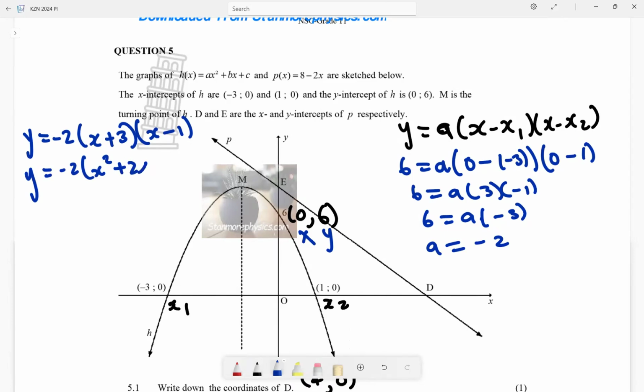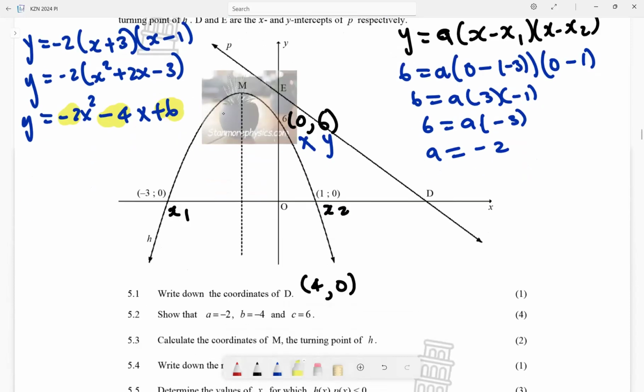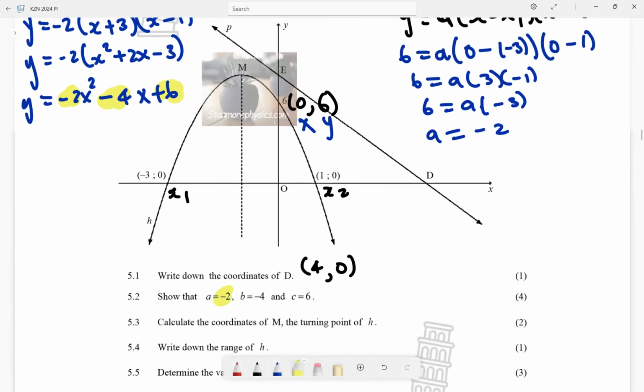You know how to simplify this, right? Then y is equal to negative 2x squared minus 4x plus 6. Now, can you see? This is my a, negative 2, my b is negative 4, my c is positive 6. Is that what they were looking for? Yes. a is negative 2, b is negative 4, c is 6, then I'm done.